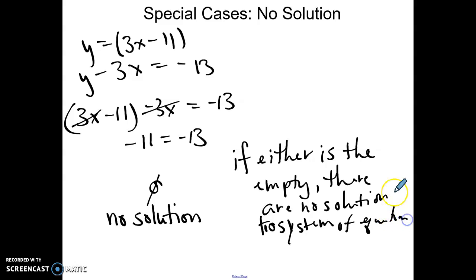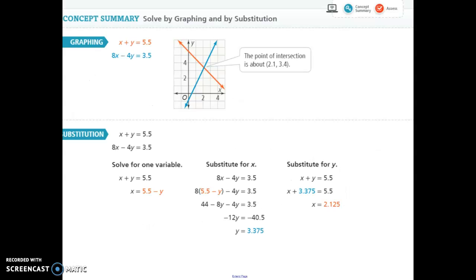So we talked about the steps to solve. We identified a way to look for which variable might be the easiest to solve for. Look for no coefficients first, or for one that's easily divisible into the other coefficients. And then we talked about two special cases, infinite solutions and no solutions. So here is a concept summary of what we talked about.